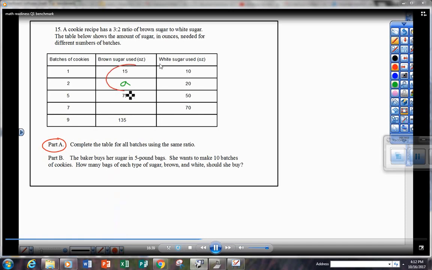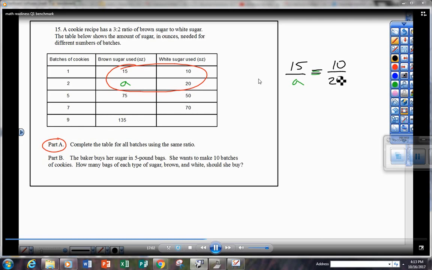I'm going to set that up as 15 over A equal to 10 over 20. I'm going to set up just how it's written right there, how it looks. So 15 over A equal to 10 over 20. That is my two equal fractions, my ratio.